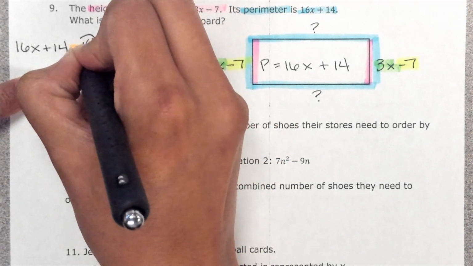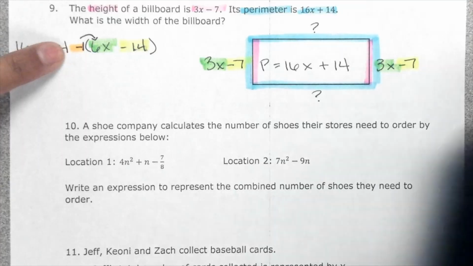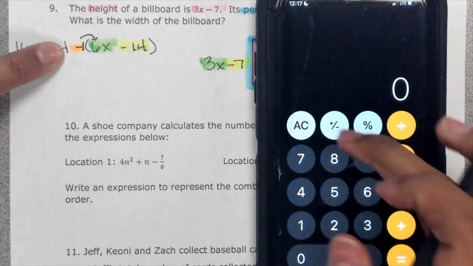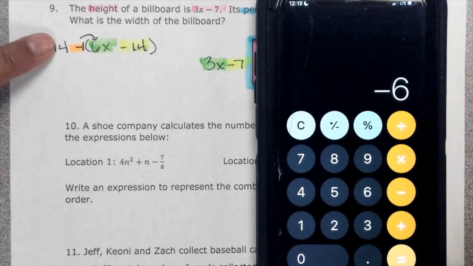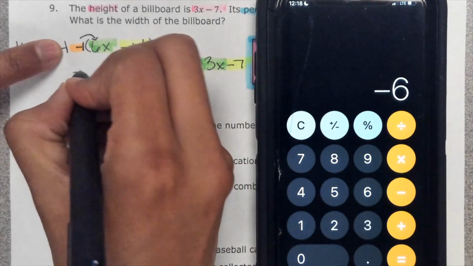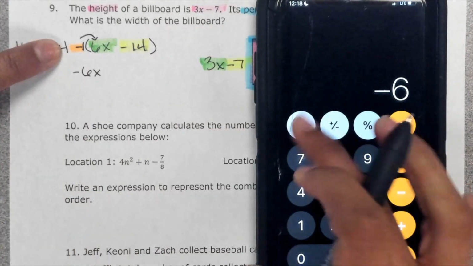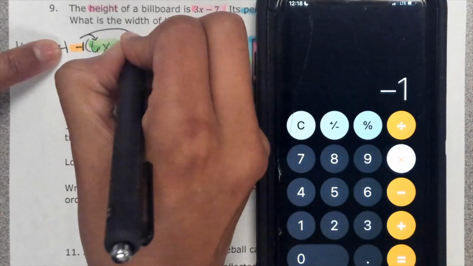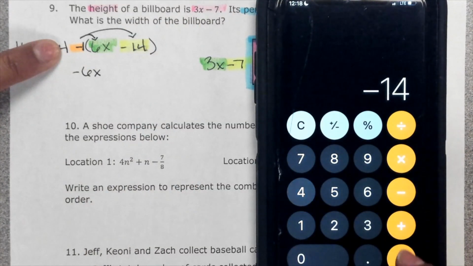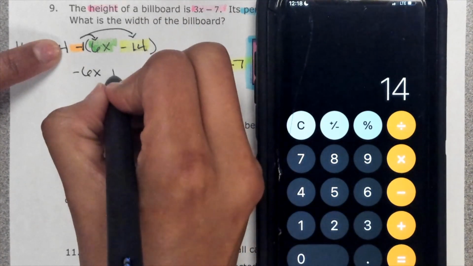So this is an imaginary 1 here. So if we distribute that -1, we're multiplying -1 times a +6, and it turns it into a -6x. Again, a -1 times a -14 turns into a +14.